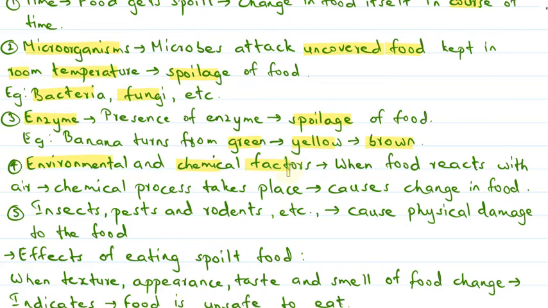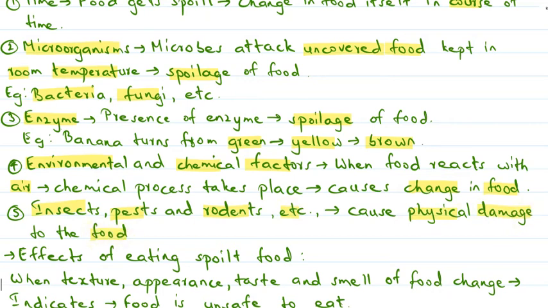When the food reacts with air, chemical processes take place, and that leads to the change in food, which leads to spoilage. Then the next factor we saw was insects, pests, rodents, etc. These cause physical damage to the food, in turn resulting in spoilage of food.